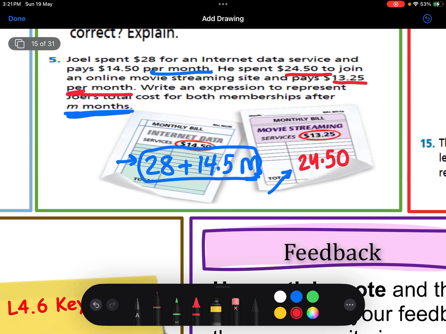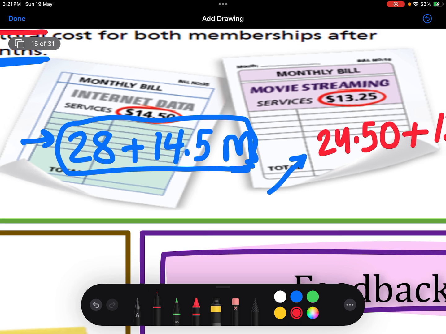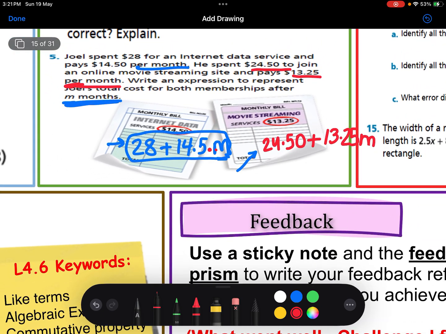Since the word per is mentioned, then I have to multiply it with number of months. So plus 13.25 multiplied by what? Which is number of months. Remember, in math, if the number is stuck to the variable, between them there's a hidden multiplication. Therefore I just stick the variable next to the number. So these are my two expressions.